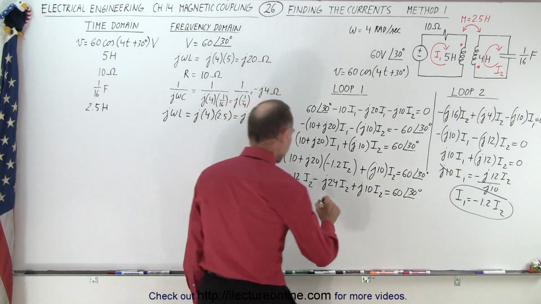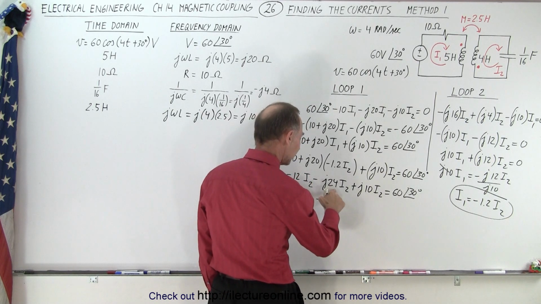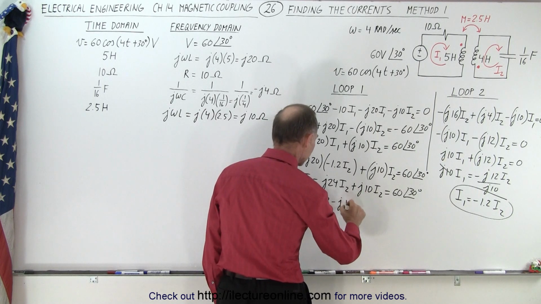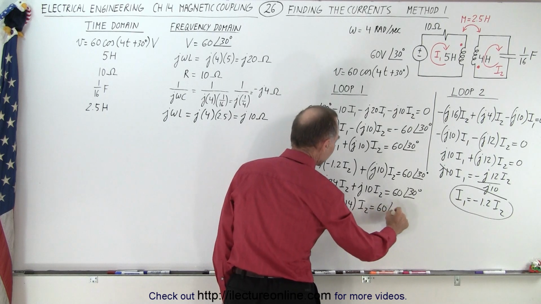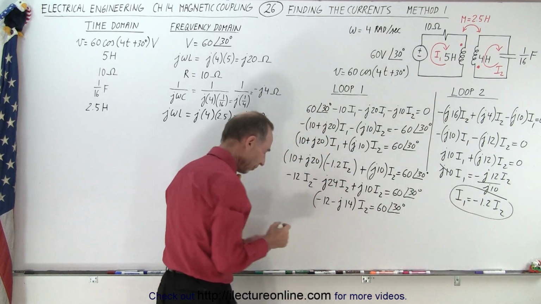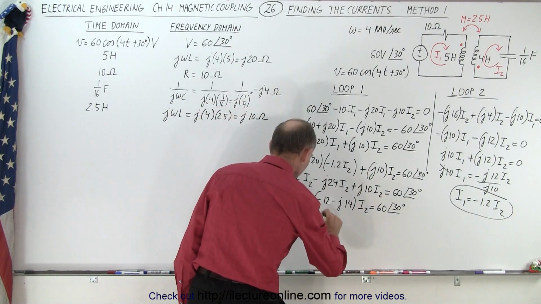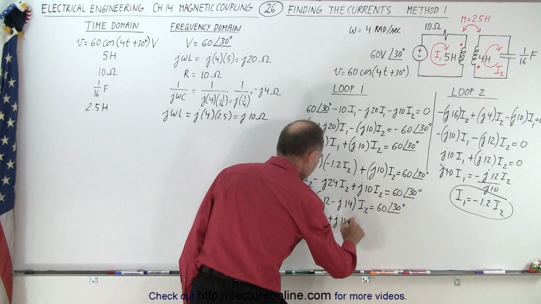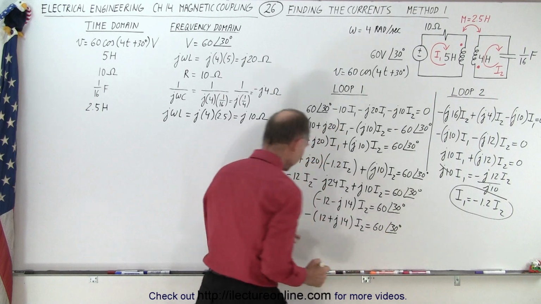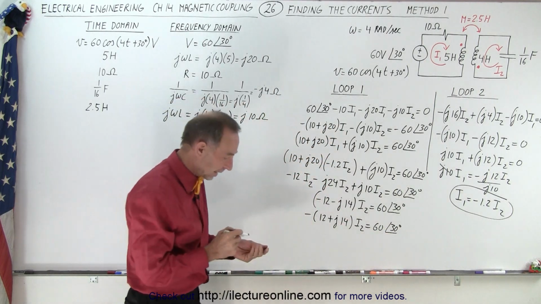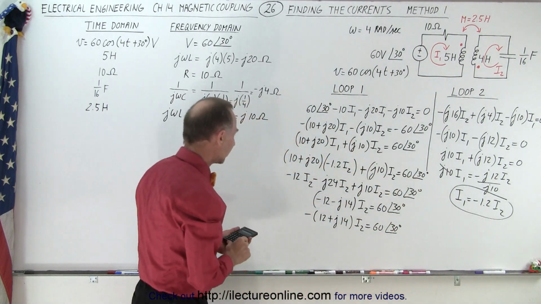Then combining this, I now have minus 12, and then minus 24 plus 10 is a minus j14, I2 is equal to 60 with a phase angle of 30 degrees. So now I have to convert this. I don't like those negative signs, so I'm going to convert it like this: a minus 12 plus j14 I2 equals 60 with a phase angle of 30 degrees. And then to get rid of the minus, I can add or subtract 180 degrees at the end. That makes it easier.